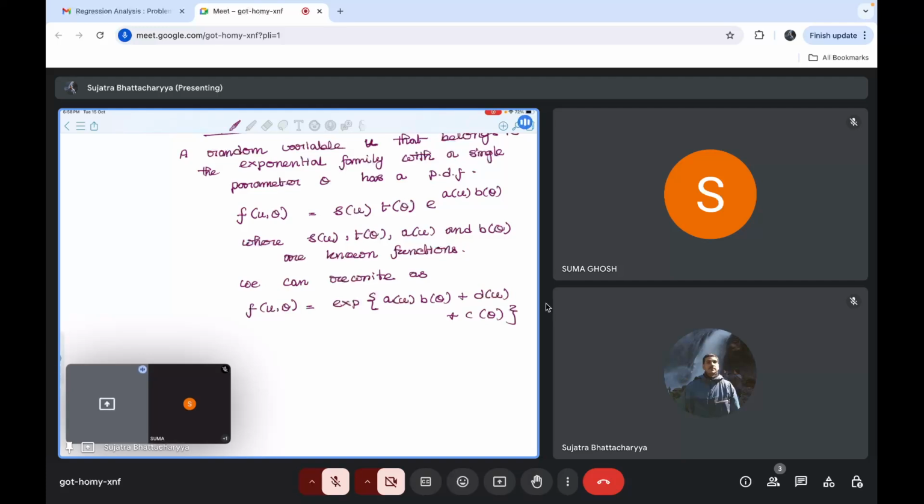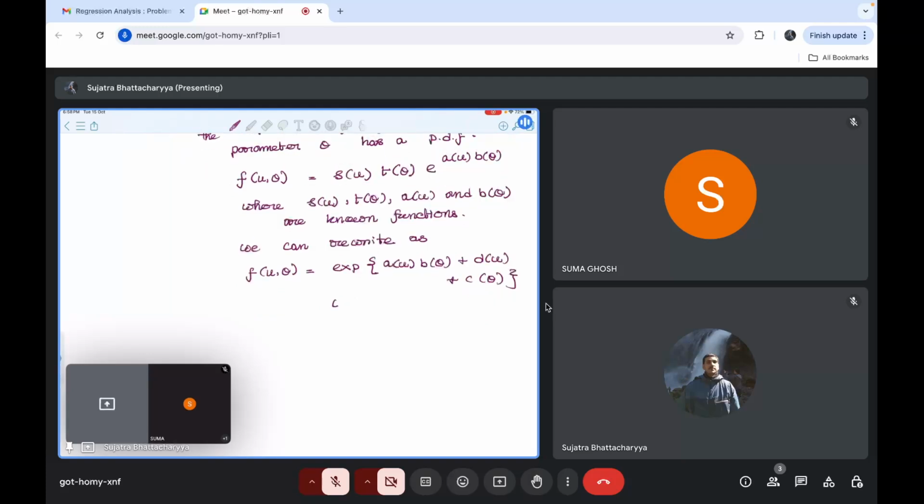So this d of u is nothing but log of s of u, and c of theta is nothing but log of t of theta.